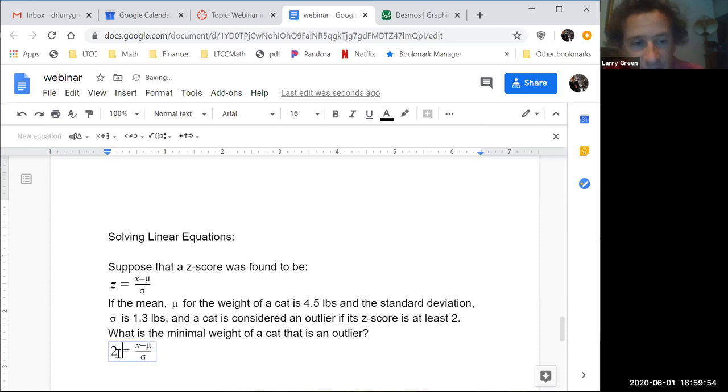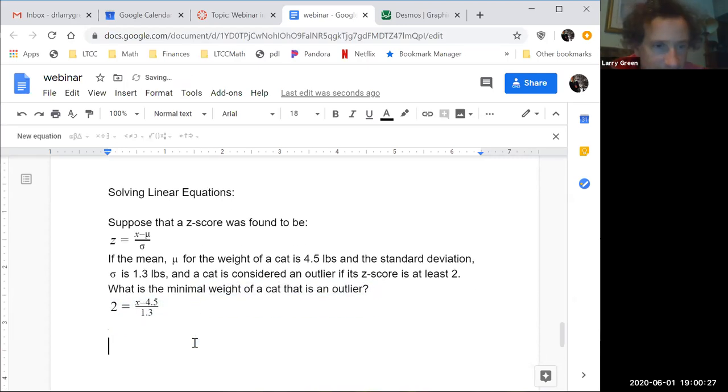Yeah, the value of z is 2. Do we know the value of x? Yeah, that we don't know. That's what we're trying to find. Do we know the value of mu? Yeah, that's 4.5. Do we know the value of sigma? 1.3. So that's the first step, is plug in all the numbers that you're given.